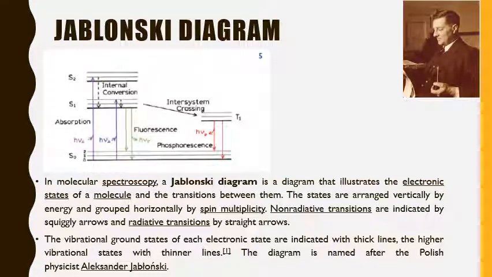In molecular spectroscopy, a Jablonski diagram illustrates the electronic states of a molecule and transitions between them. The states are arranged vertically by energy and grouped horizontally by spin multiplicity.